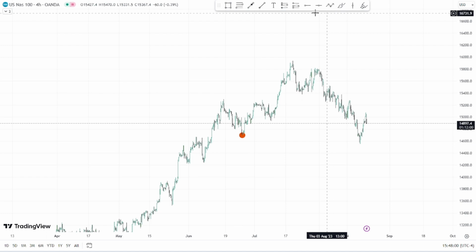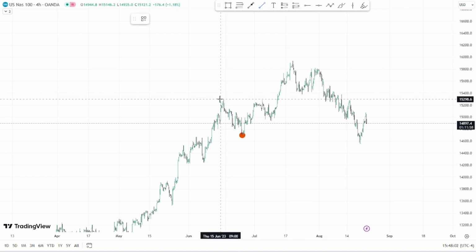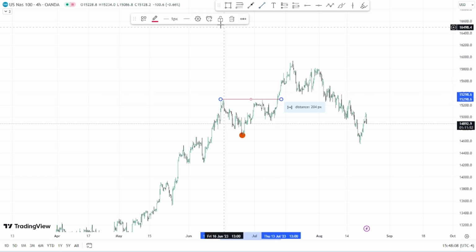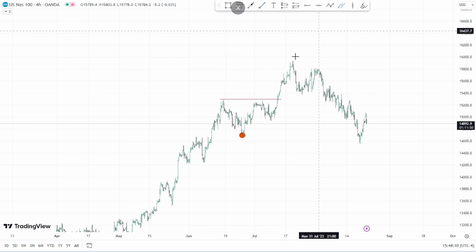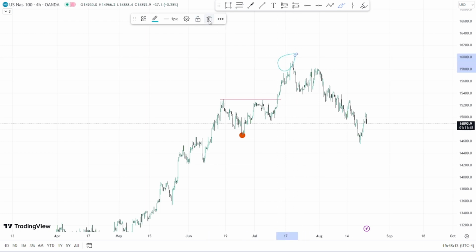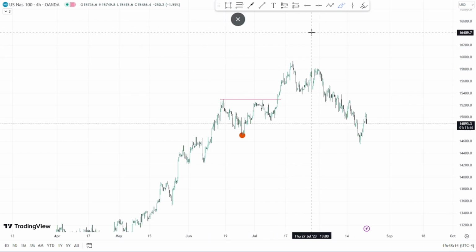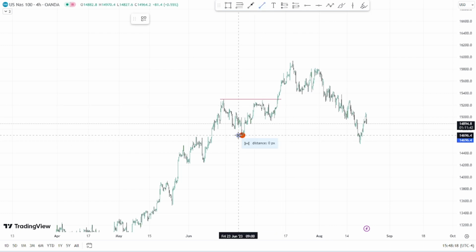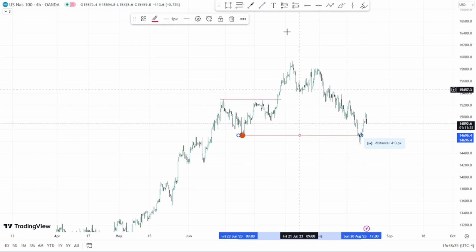I'm just going to mark everything down. Let me put a trend line and show you when the market was breaking structure to the upside, right? This is where the market broke structure to the upside, and this is our higher high. This is the all-time high as of now, and then we're going to mark this level down here. Let's see if price went down to break the structure to the downside as a change of character, right?